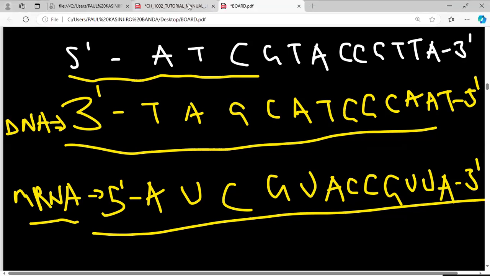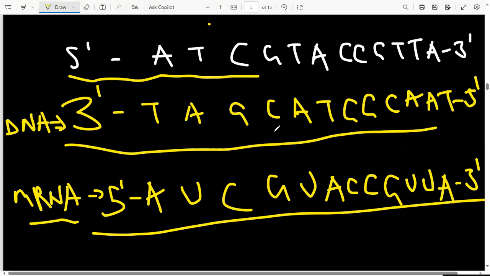Sorry, I just joined a few minutes ago. If it says 5', meaning you're starting from the opposite, how did you do it? Since the one that you've written down here is for DNA, when writing the opposite 5', you swap them.